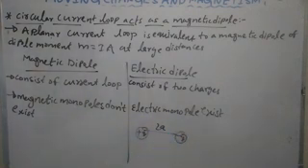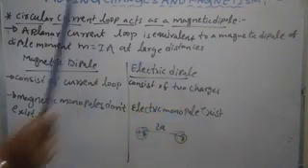Monopoles of charges exist, but magnetic monopoles do not exist. We cannot separate the north pole and the south pole. So magnetic monopoles do not exist. Magnetic field lines start from north and enter south, but electric field lines start from positive and end at negative.